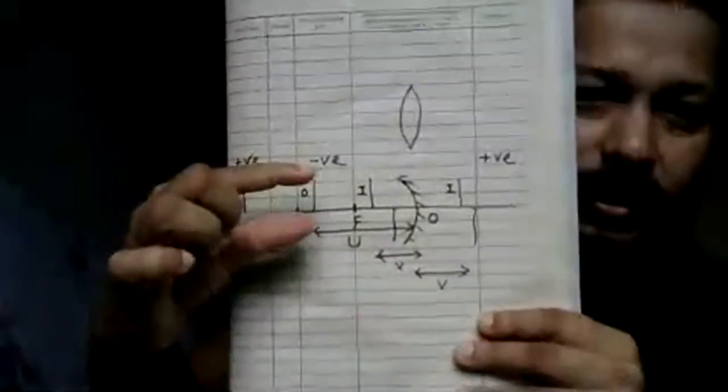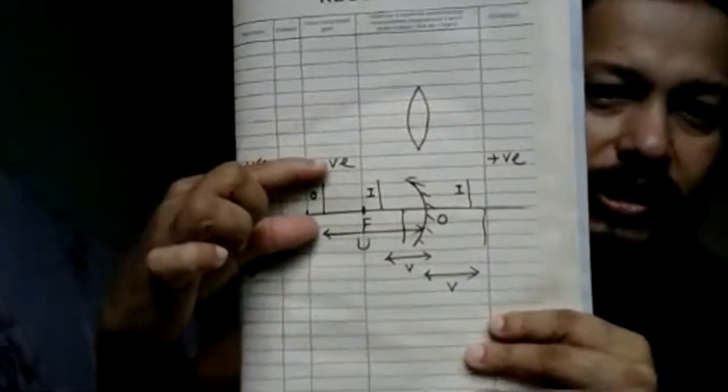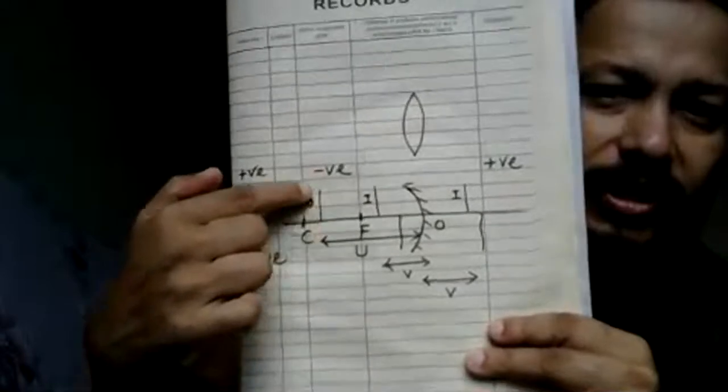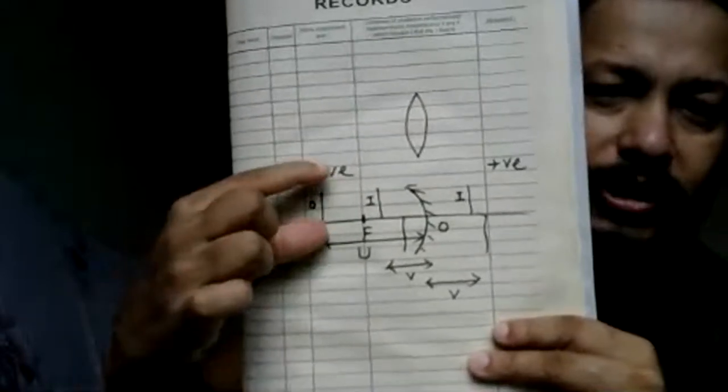Object height. You must be understanding with the name, object height. In bracket you write O. Object height O. This is called object height, this height.